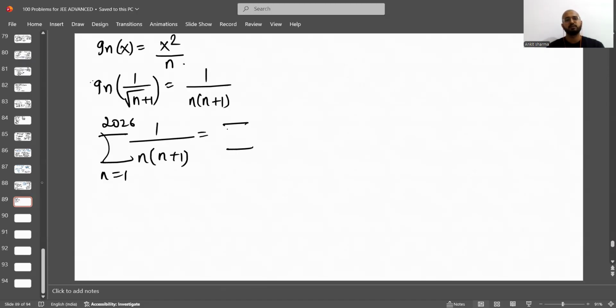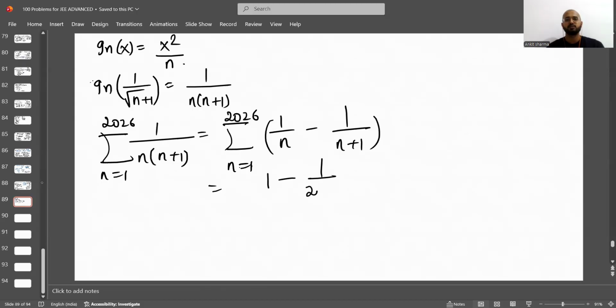Now this can be expressed as a telescoping sum, with 1/n minus 1/(n+1). So this is being telescoped. Now plug in the lowest value and the highest value, so this will be 2027. This gives me 2026 over 2027. So this is my lambda.